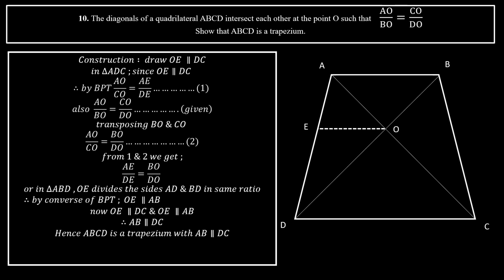So just practice this BPT and go through once again the proof of BPT, how this theorem is proved, and how the converse is applied in the questions. And till then, as usual, keep drilling and keep practicing.